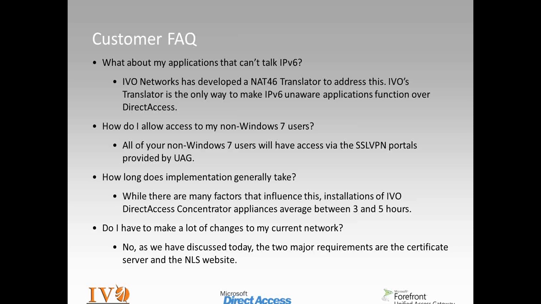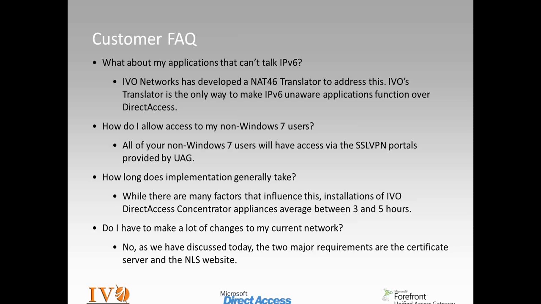So how long does a general implementation take? Anywhere between 3 to 5 hours is our average for a DirectAccess implementation. Obviously, that can vary considerably depending on your environment and what you're trying to accomplish, but on average, it's 3 to 5 hours of actual work time to get deployed. Do I have to make a lot of changes to my current network? Nope.